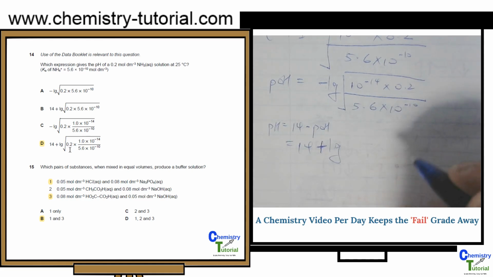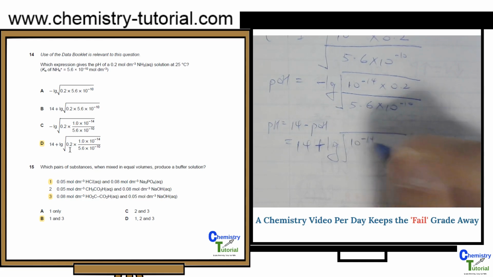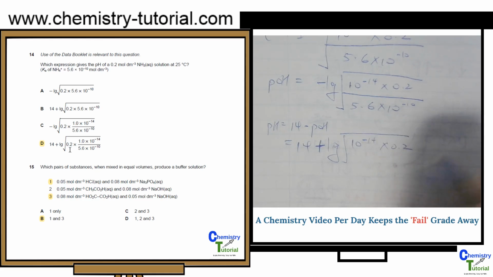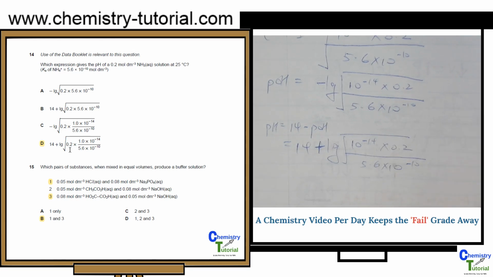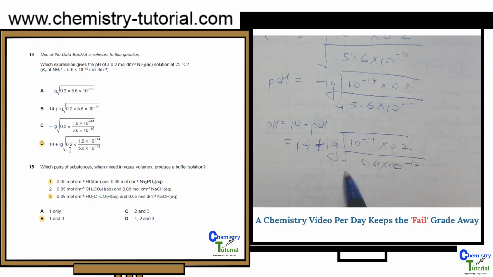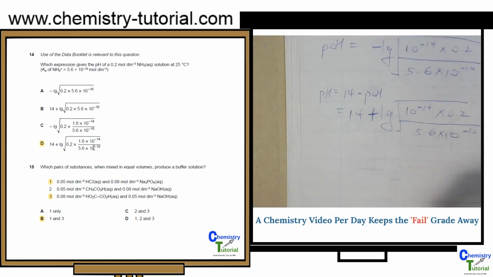So it becomes 14 plus log square root of 10 to the power of minus 14 times 0.2 over 5.6 times 10 to the power of minus 10. Hence the answer for this question is option D.